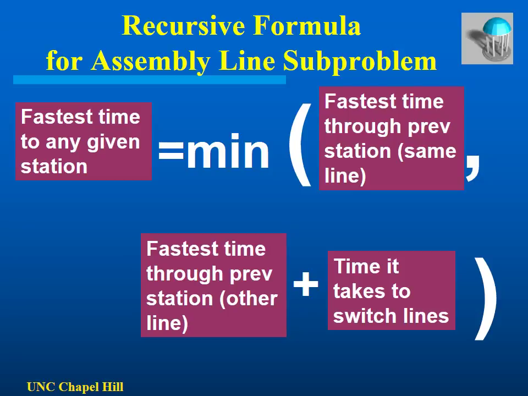What we can see is that getting to a given station ready to execute its task, the fastest of those will be the minimum of staying on the same line and getting the fastest time through that previous station, including its own time.